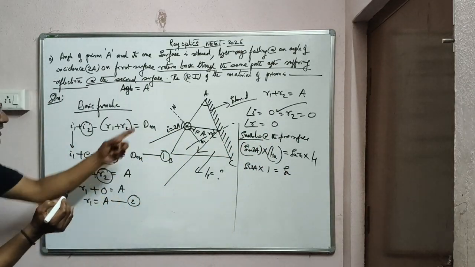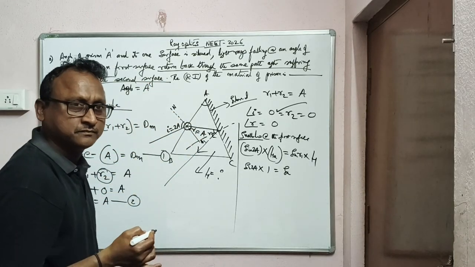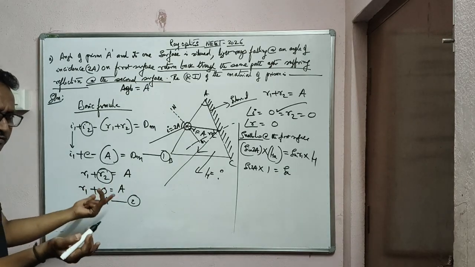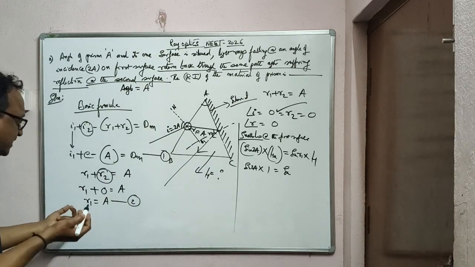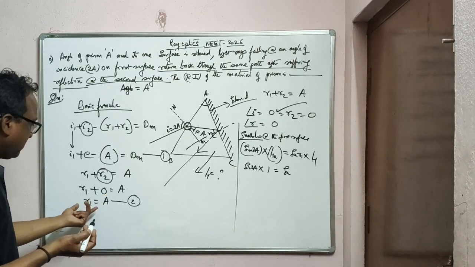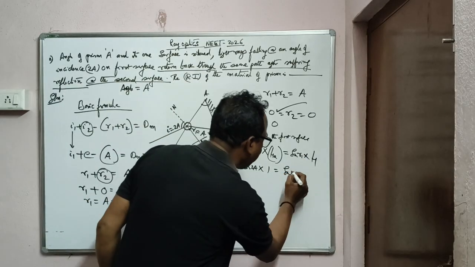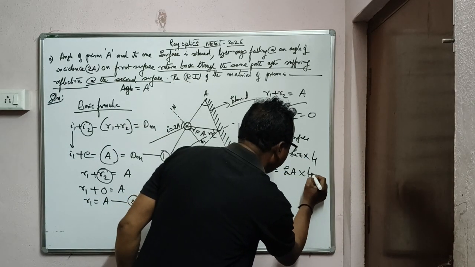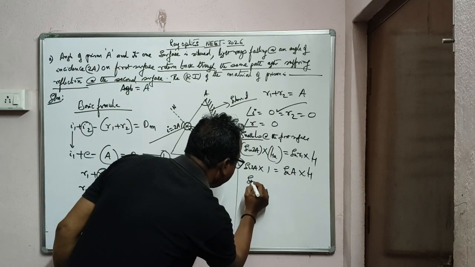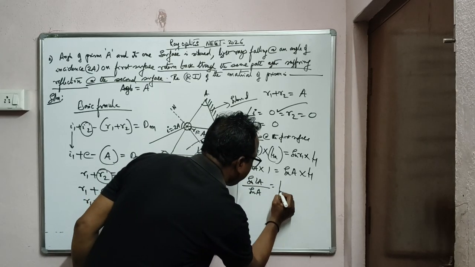From the concept given in the question, it hits and comes back, and R2 is equal to 0. So with zero angle of incidence, it came back. Therefore, putting R2 as 0, R1 is equal to A. So instead of R1, put A into mu, or sin 2A by sin A is equal to mu.